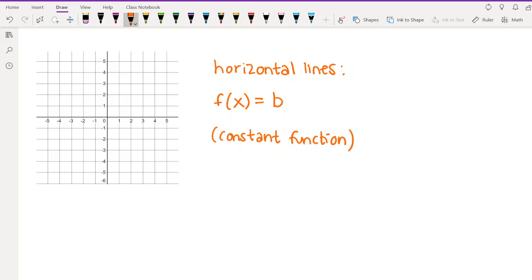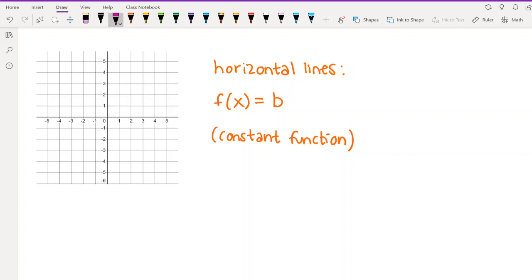They're called constant functions because they're always the same value. If you look at a linear function that goes up or down, its value changes depending on what x value you plug in. But a horizontal line is a constant function because no matter what x value you plug in, the y value is always the same. It's constantly the same value.